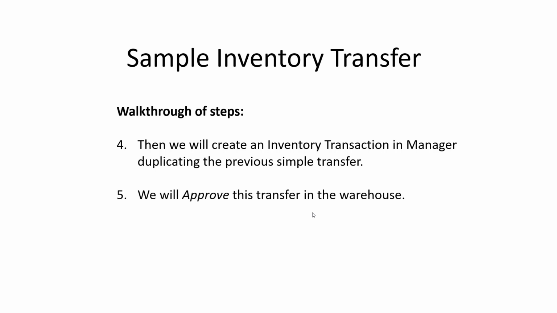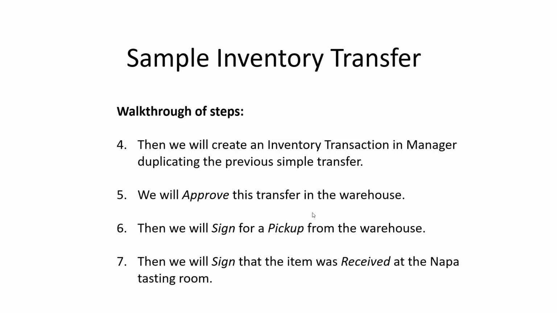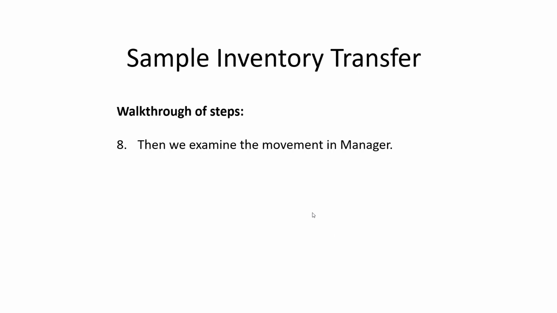The first part of the difference will be that on the POS we're going to do an approval of this transfer. Then we're going to sign that it was picked up at the warehouse, and then we're going to sign that the item was received at the Napa Valley tasting room. And finally, we're going to examine the movement in Manager like we did just before.